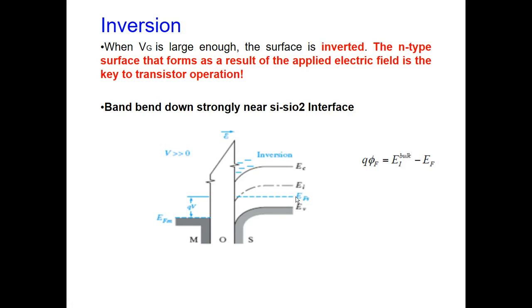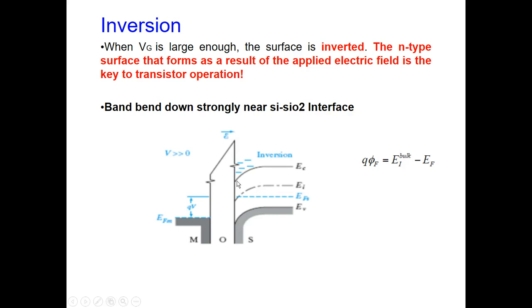In the inversion region, if you increase the gate voltage more and more, the inversion happens. That means the original p-type substrate is inverted to an n-type substrate. If you apply a more positive voltage at the metal, that will be compensated by a more negative voltage at the Si-SiO2 interface.